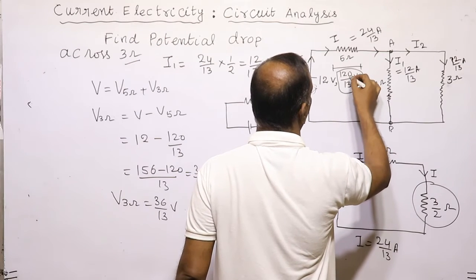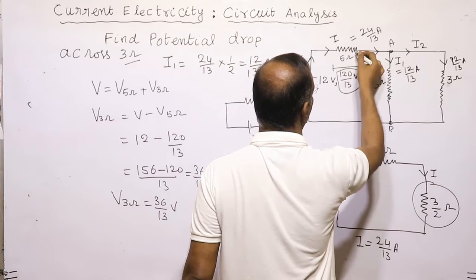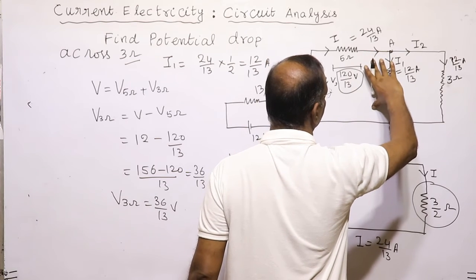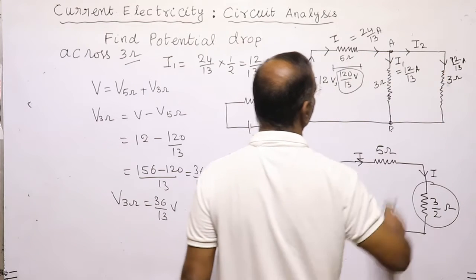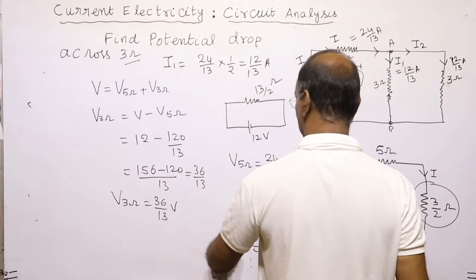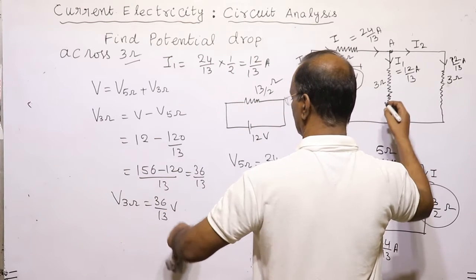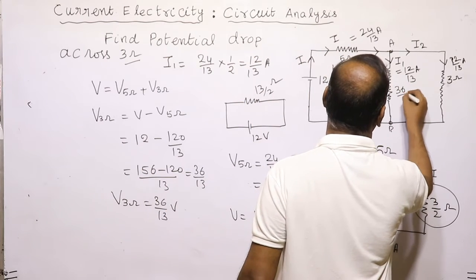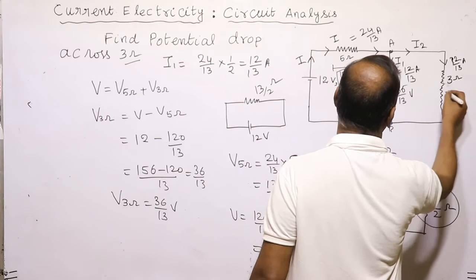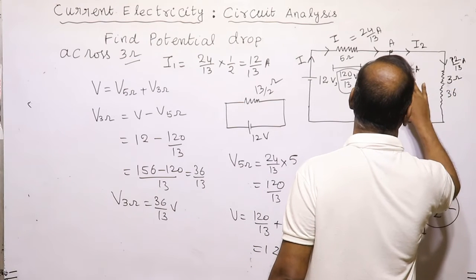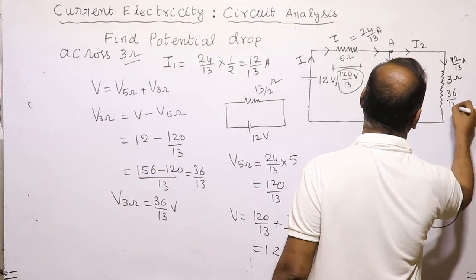So it is confirmed that 120 by 13 voltage is dropping across this one. The remaining voltage is appearing here as well as here, because both are parallel. The voltage across 3 ohm is equal to 36 by 13 volt, here also 36 by 13 volt.